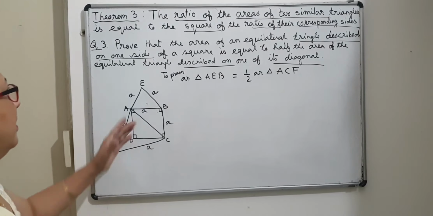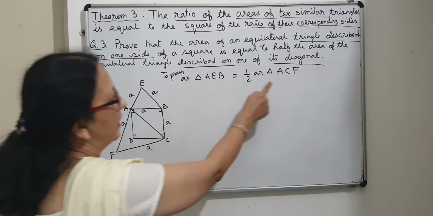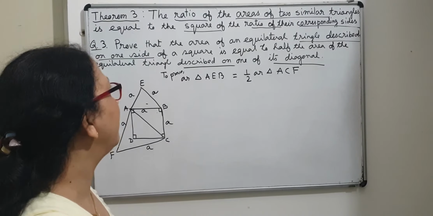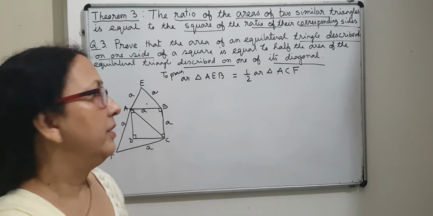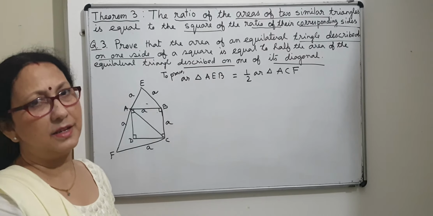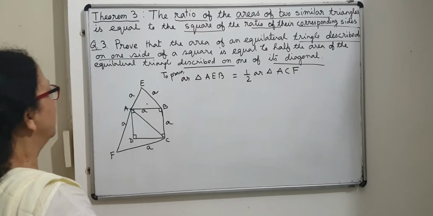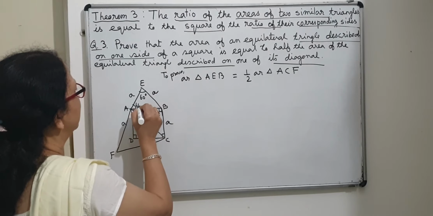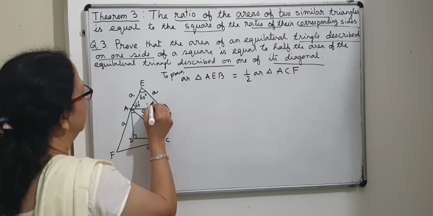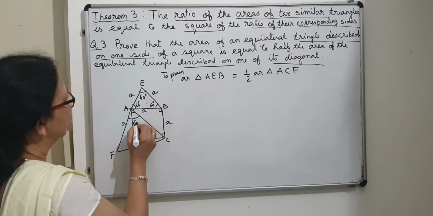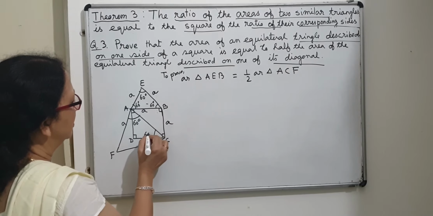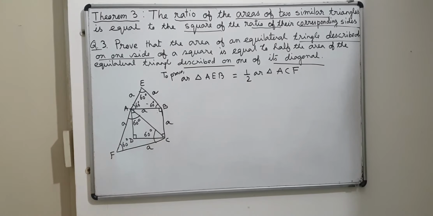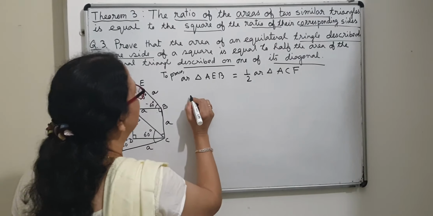Look at this. Both the triangles are equilateral triangles, and we know that in an equilateral triangle all the angles are equal to 60 degrees. So this is 60 degrees, this is also 60 degrees, this is also 60 degrees. Similarly here, all are 60 degrees.